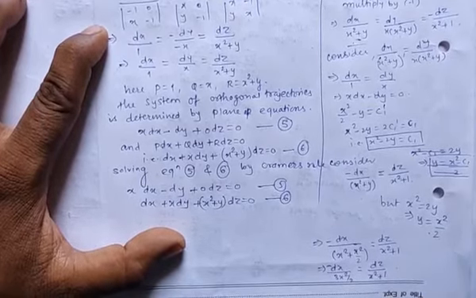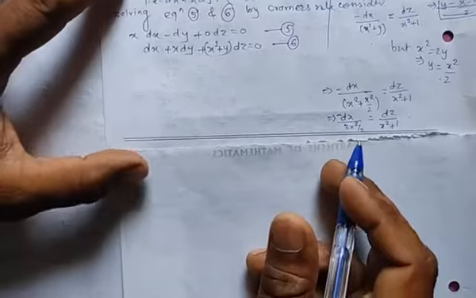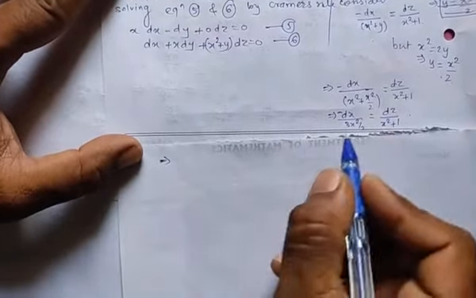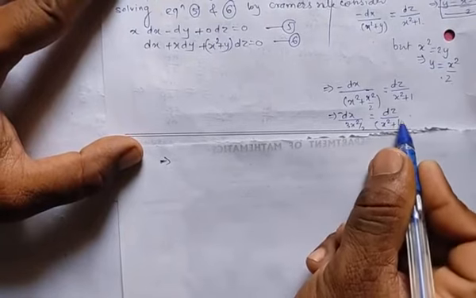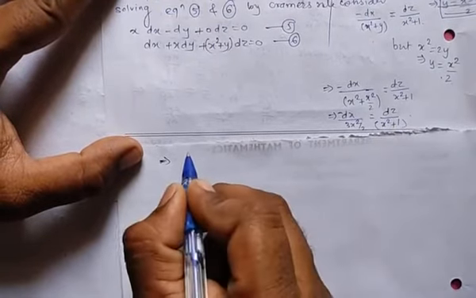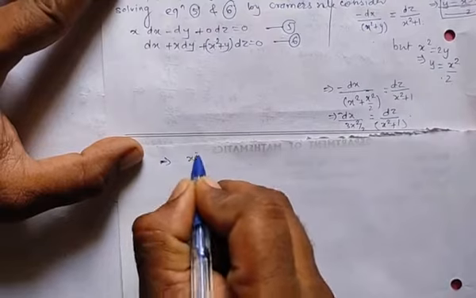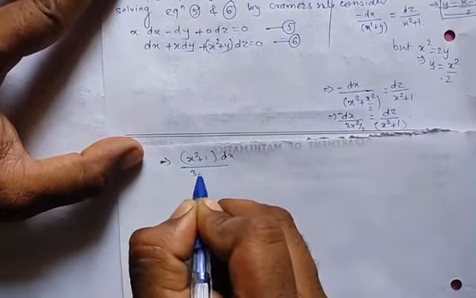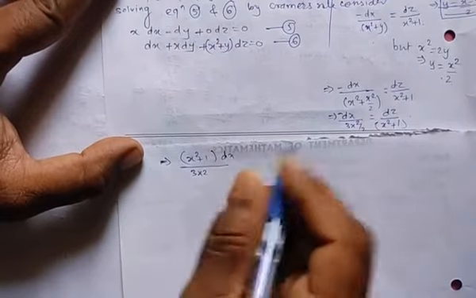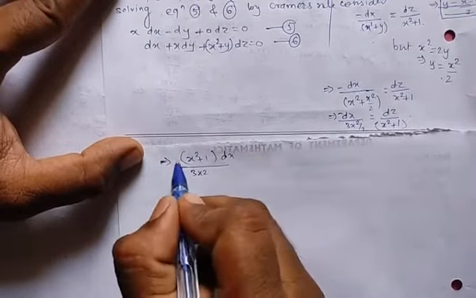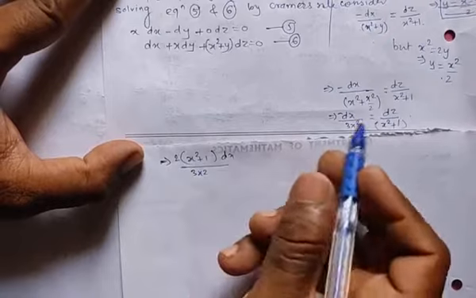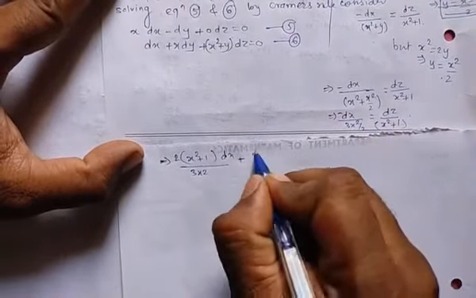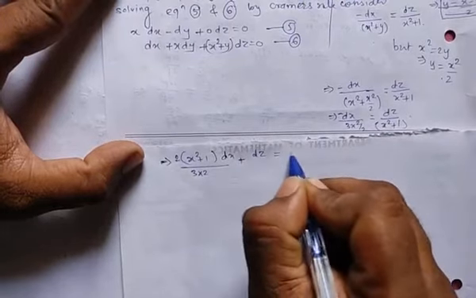Then solving this, separating the variables, what will we have? Multiplying on the other hand side, we get x square plus 1 into dx upon 3x square, and the 2 goes to the numerator, so 2, and the minus sign goes to the other side, so we get dz upon 1, which is equal to 0.